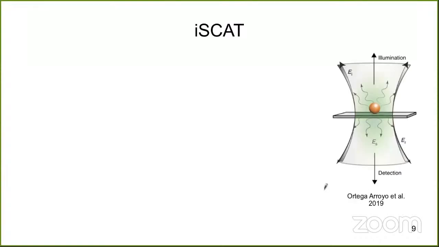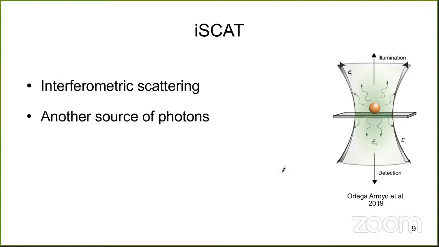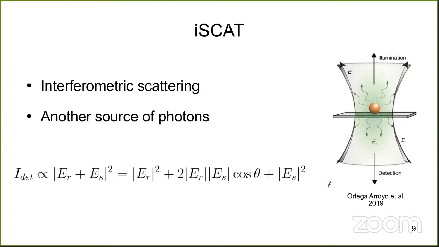All of these methods have mostly been applied using fluorescence, but there's also a method called iSCAT, which is short for interferometric scattering. It's essentially a different source of photons. When you have light incident on an optical interface, such as a glass microscope slide, the illumination beam will produce both a reflected field from the surface as well as a scattered field from the particle.